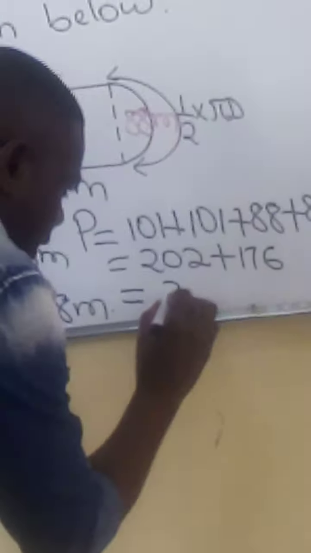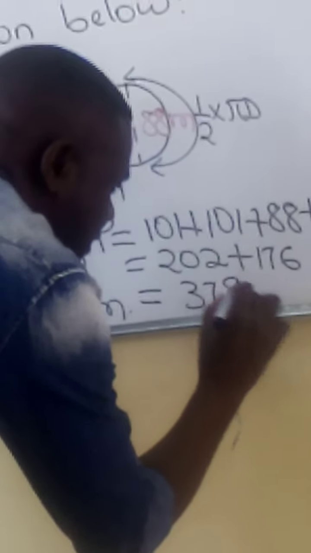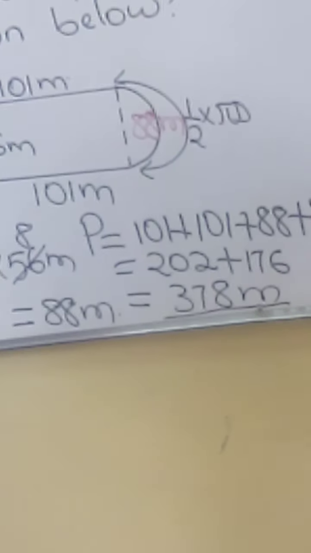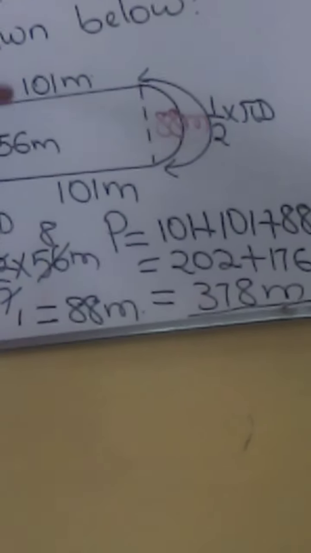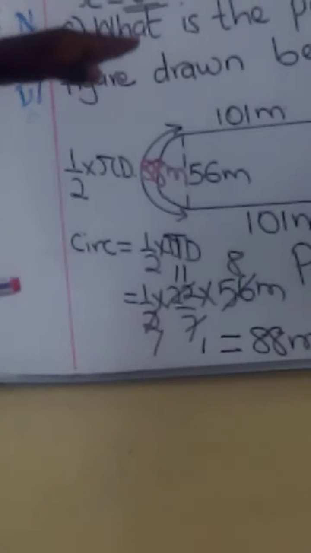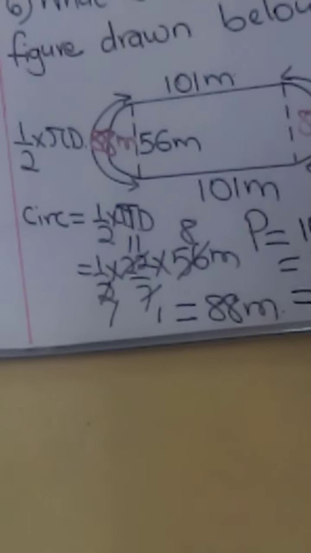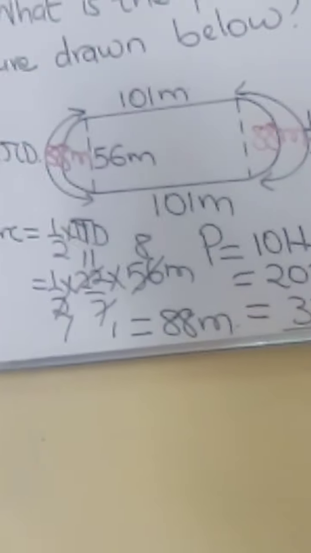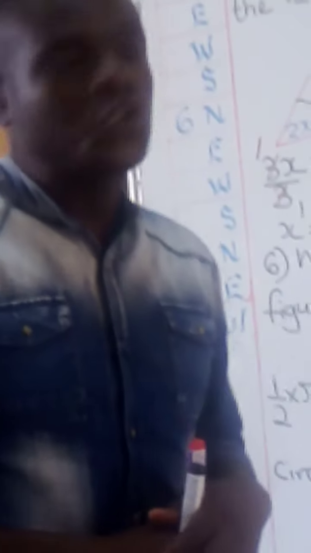That would be 378 meters. That is the perimeter of that figure. Remember again, perimeter is the distance all round a given shape. So the distance from here going round this shape and back to where you started, that is its perimeter. That's why we have added. Thank you. We go to question number 8.